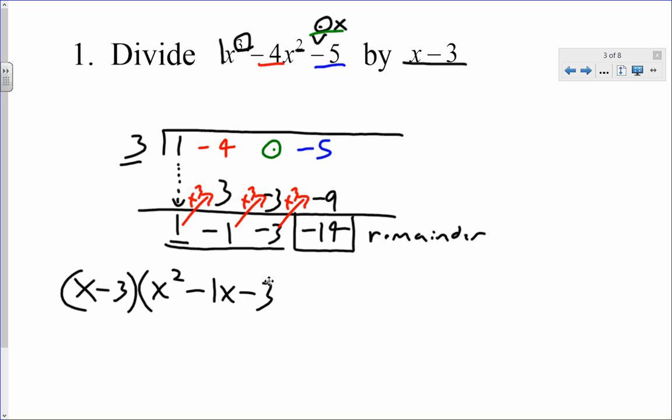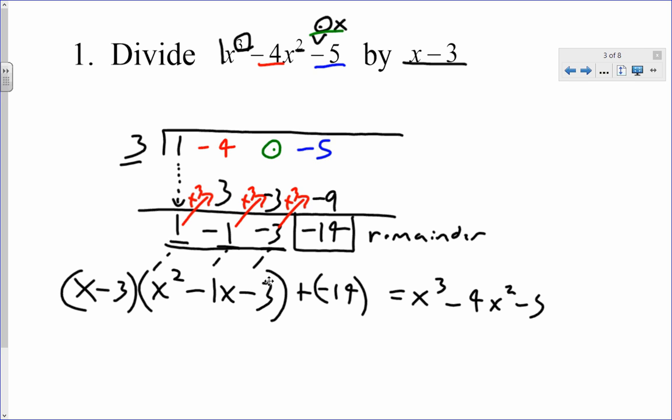These are all the coefficients that line up with those values, plus my remainder, is equal to my original polynomial, which is x cubed minus 4x squared minus 5.